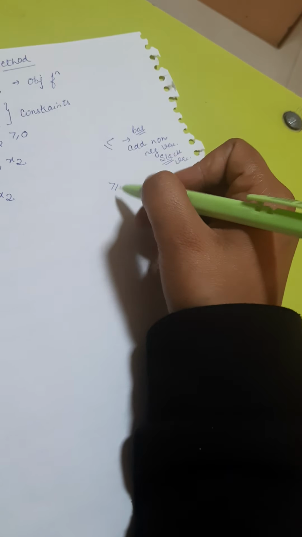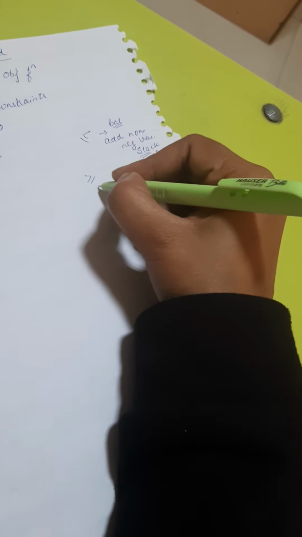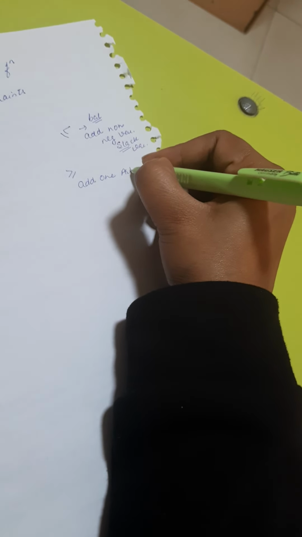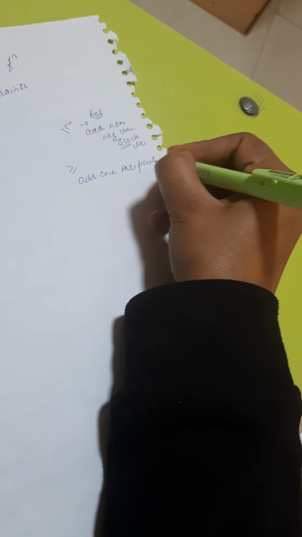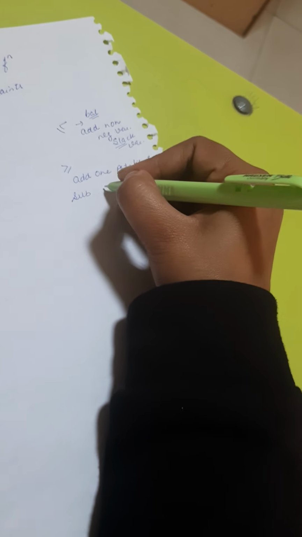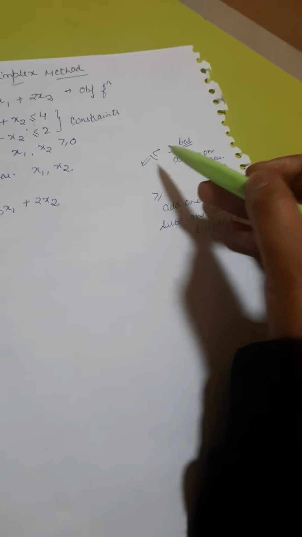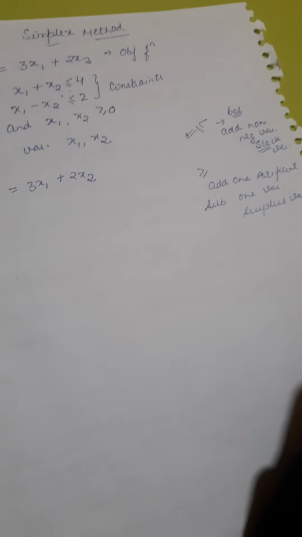But if it is a greater than condition, you have to add one artificial variable and subtract one variable which is known as a surplus variable. Right? So today we are discussing only questions having less than constraints.